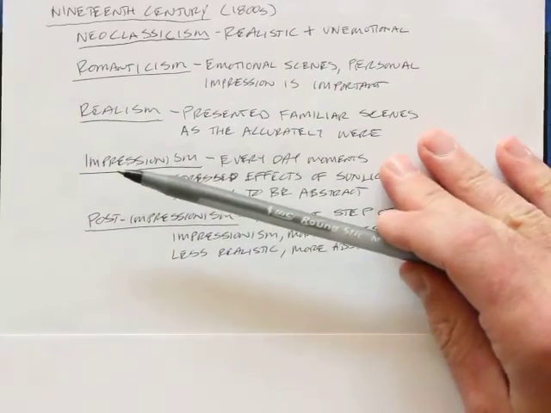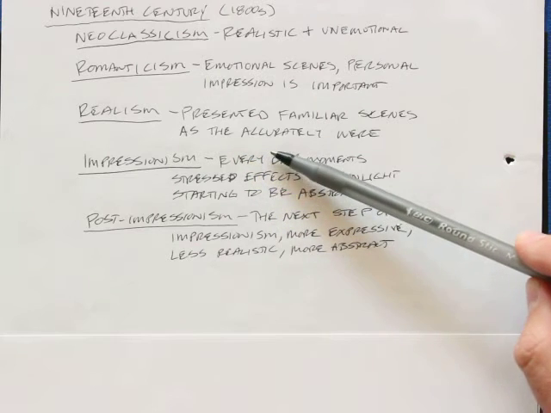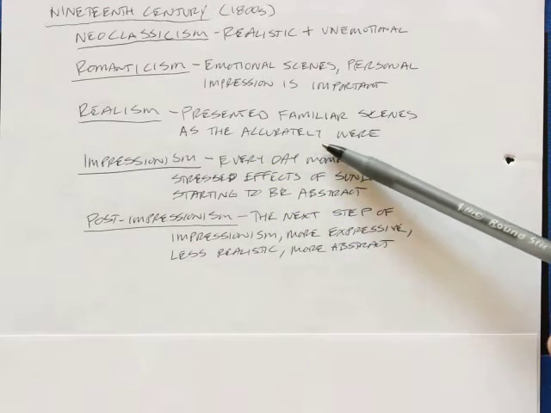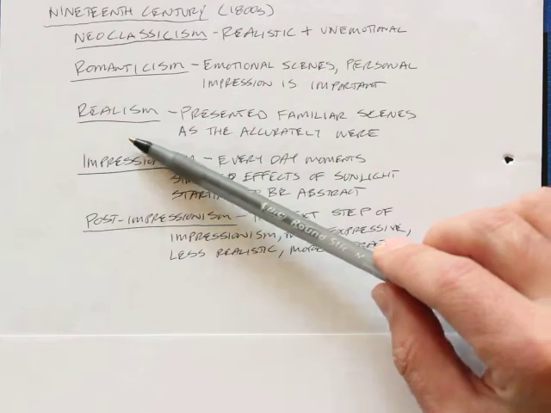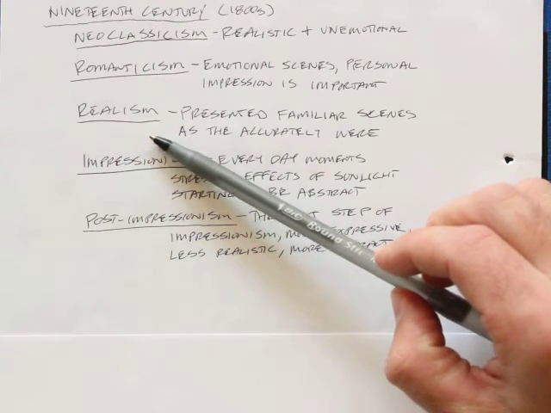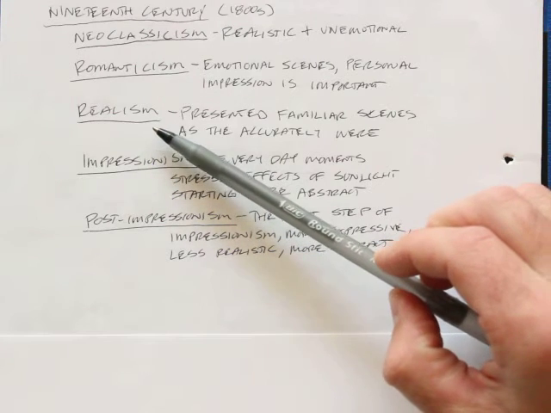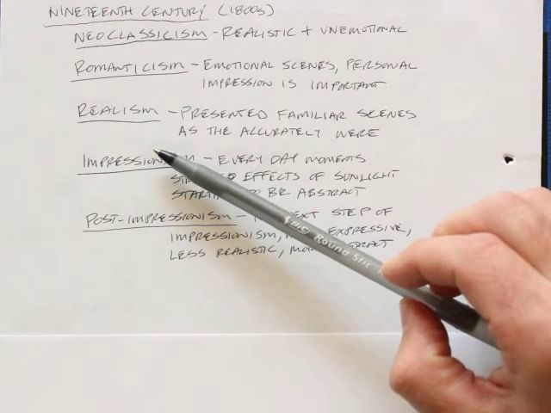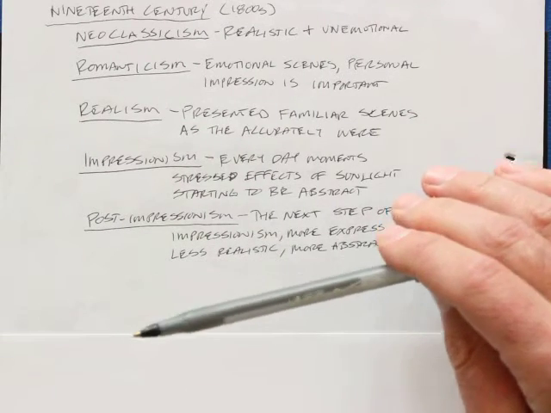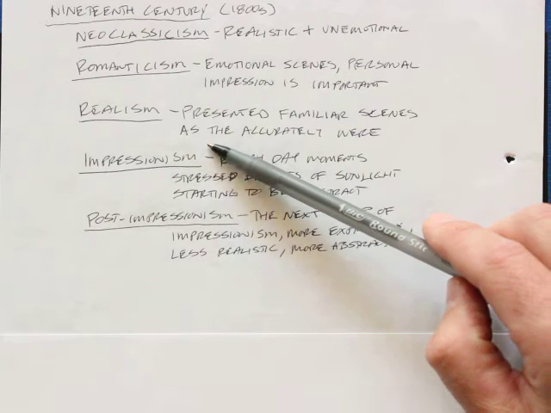Realism. This presented familiar scenes as they actually were. A lot of times in art, the artist will make a fantastic scene that's not the way things really are. In realism, the artist chooses a normal, everyday kind of scene, and paints it or draws it or captures it however they do.